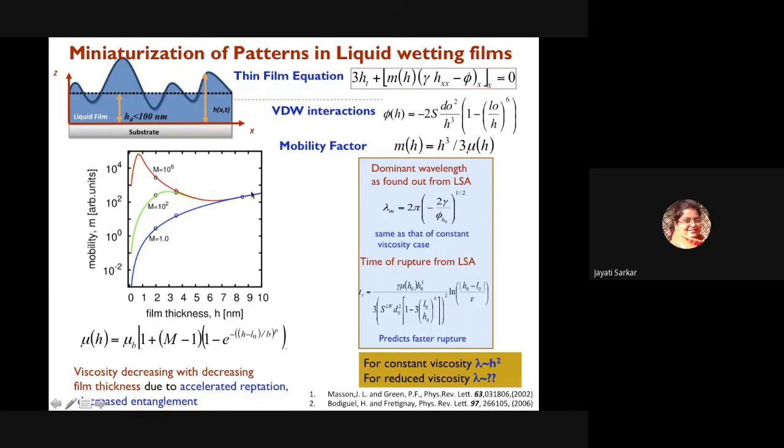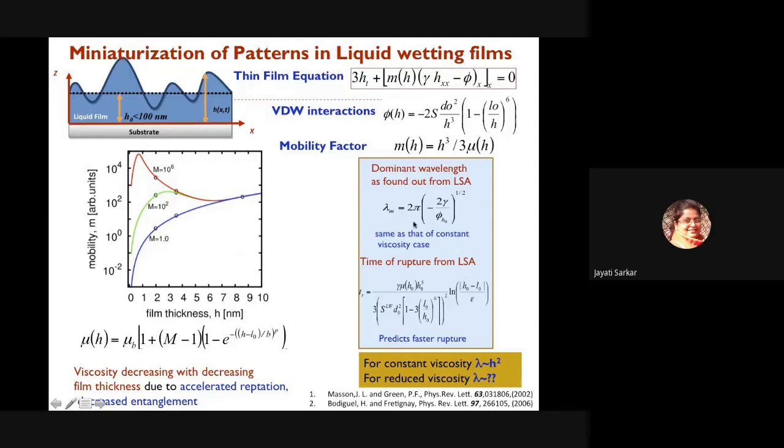For higher thicknesses, of course, as we go higher up, we are constrained. So the viscosity as a function of h can be given by this behavior, where we can see that if the thickness is very high, it goes back to a constant bulk viscosity, which does not change much with the thickness. So it basically goes back to the constant viscosity behavior.